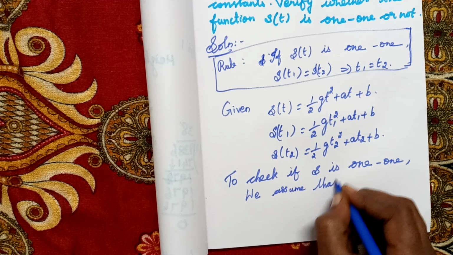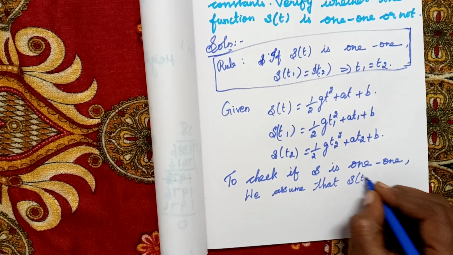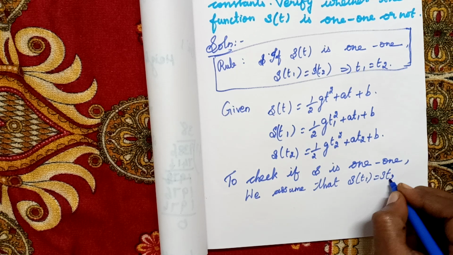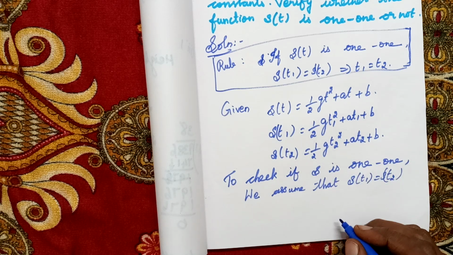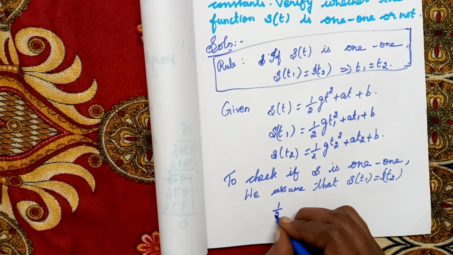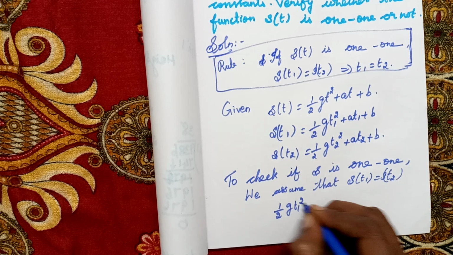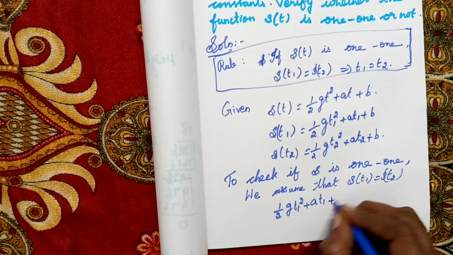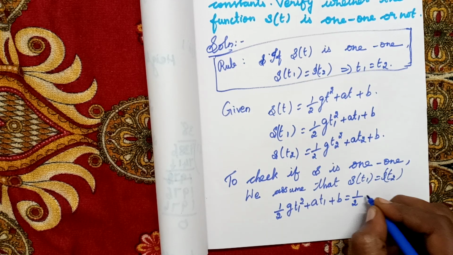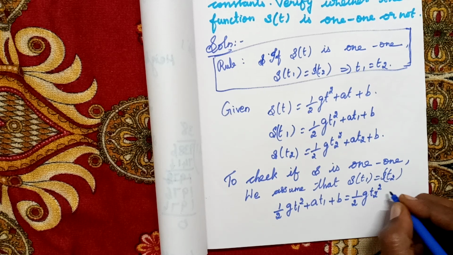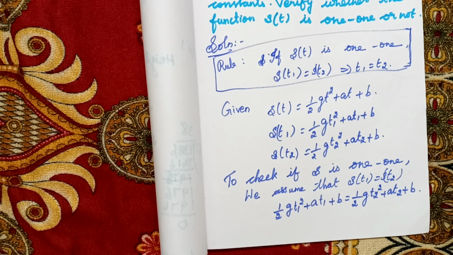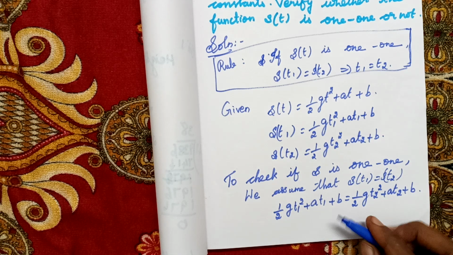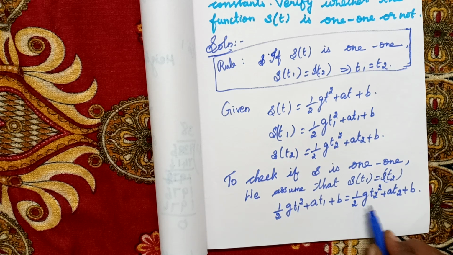S of t1 is equal to S of t2 means what will we get? Half g t1 square plus at1 plus b is equal to half g t2 square plus at2 plus b. Clear?